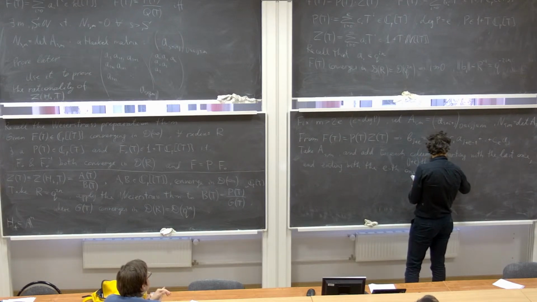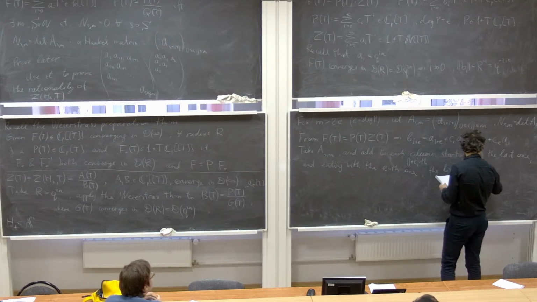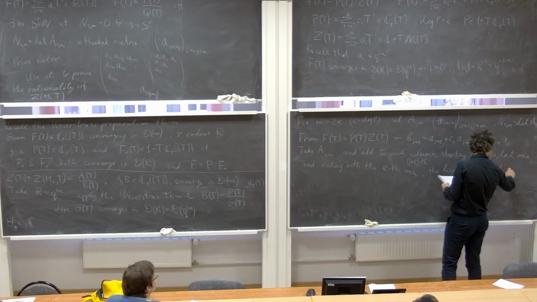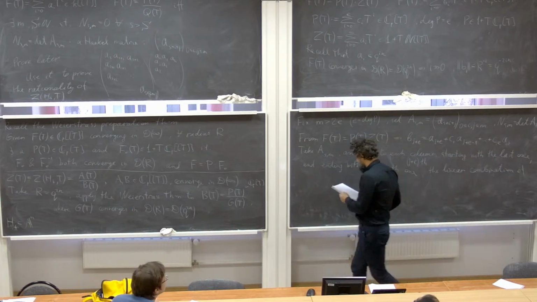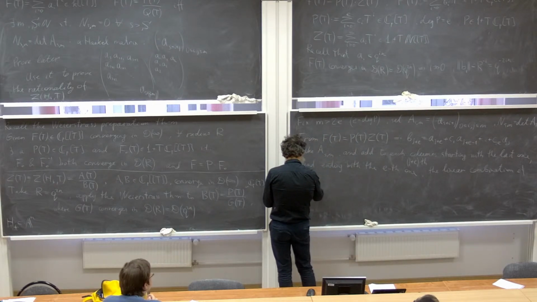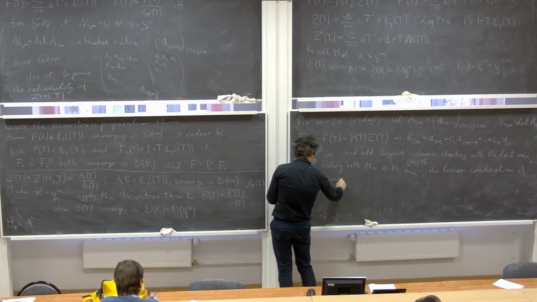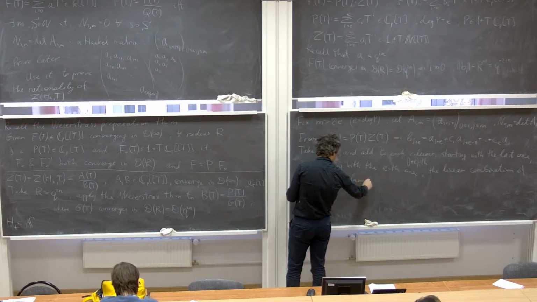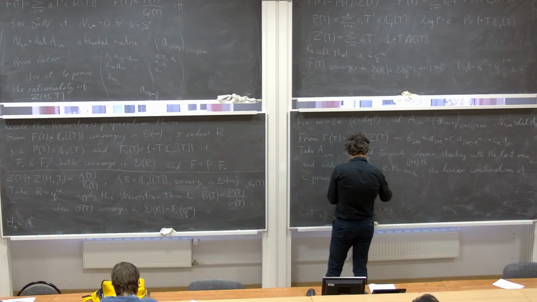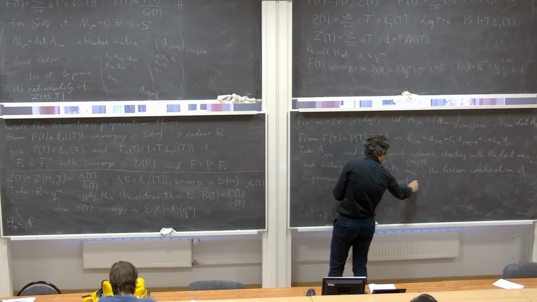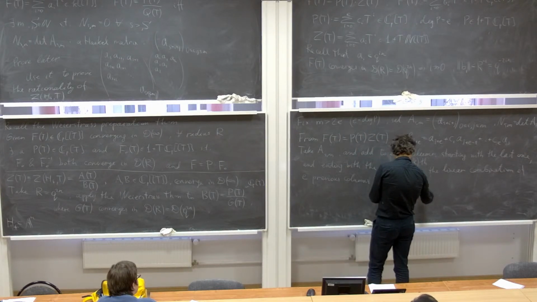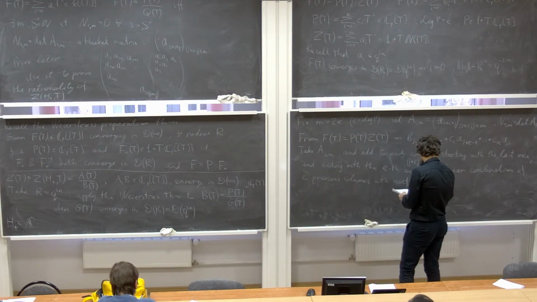We add the linear combination of many previous columns with coefficients c_k times the j plus e minus k column.